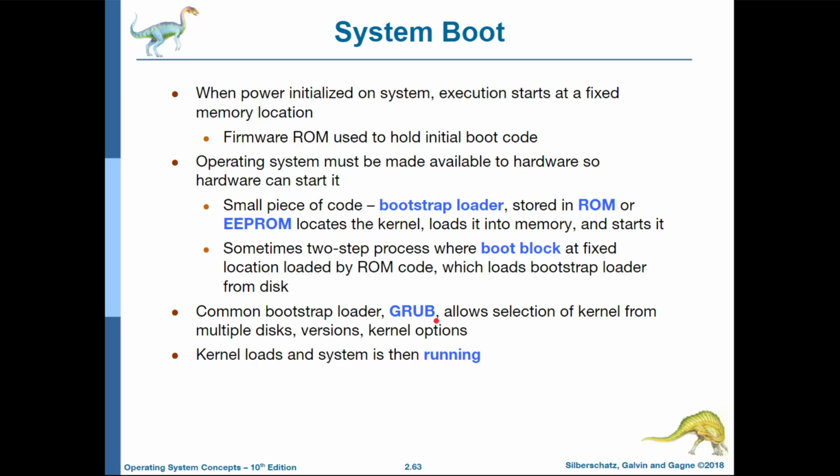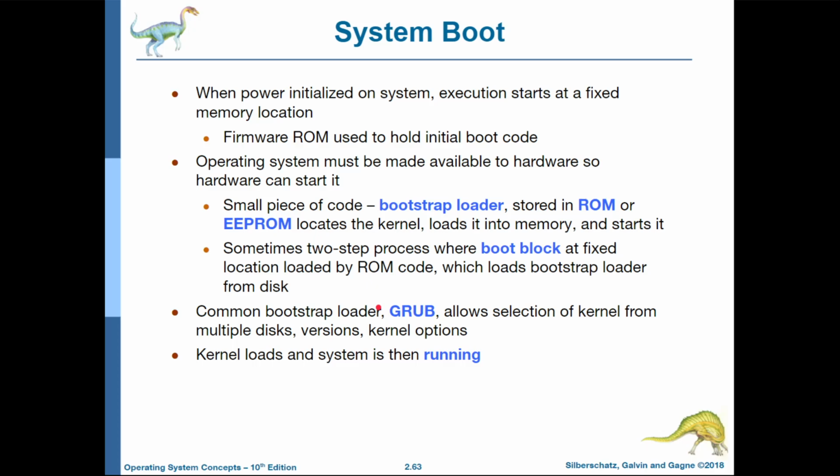This allows for a system where you can do what is called multi-booting. Now, once you've selected a particular kernel to be loaded, then that's the only system that's loaded for the duration of that kernel's run. You can reboot the system and go through this process again, where the bootstrap loader goes through the boot block and then finds the operating system kernel.